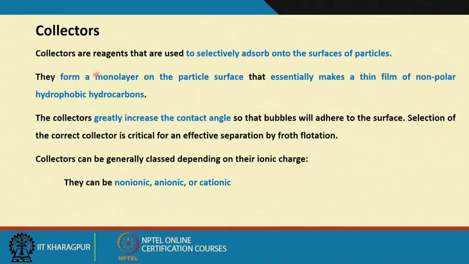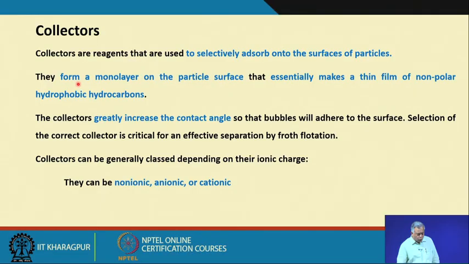Now, why should they be adsorbed onto the surfaces of the particles? What is their role? The collectors form, or should form, a monolayer on the particle surface that essentially makes a thin film of nonpolar hydrophobic hydrocarbons.